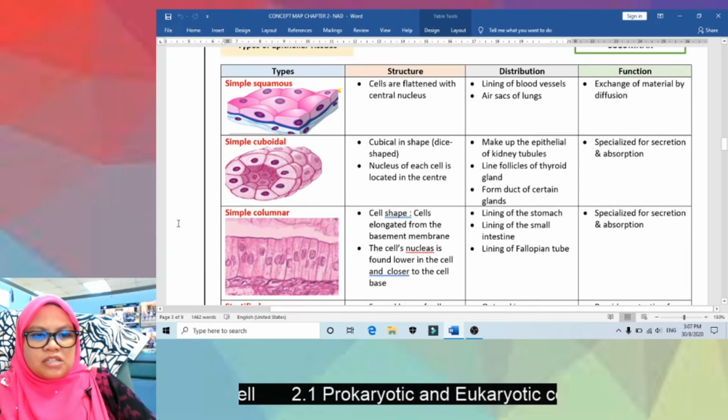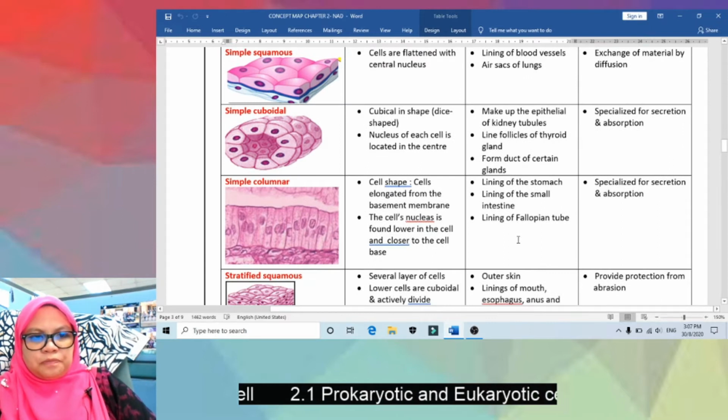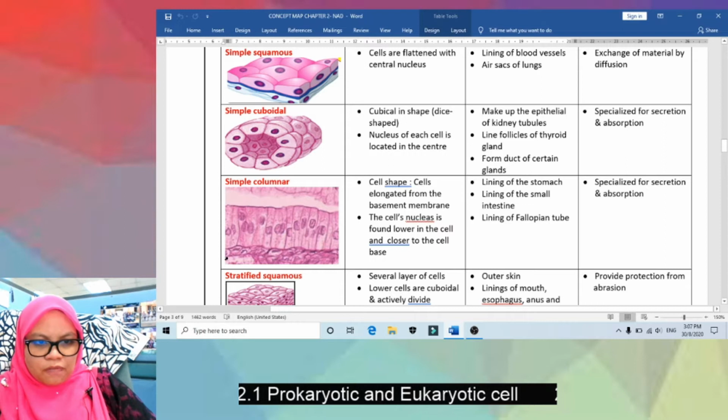The function of simple columnar is also for secretion and absorption, and it can be found in the lining of the stomach, the lining of the small intestine, and the lining of the fallopian tube. Some simple columnar cells may have cilia. These cilia help in movement.